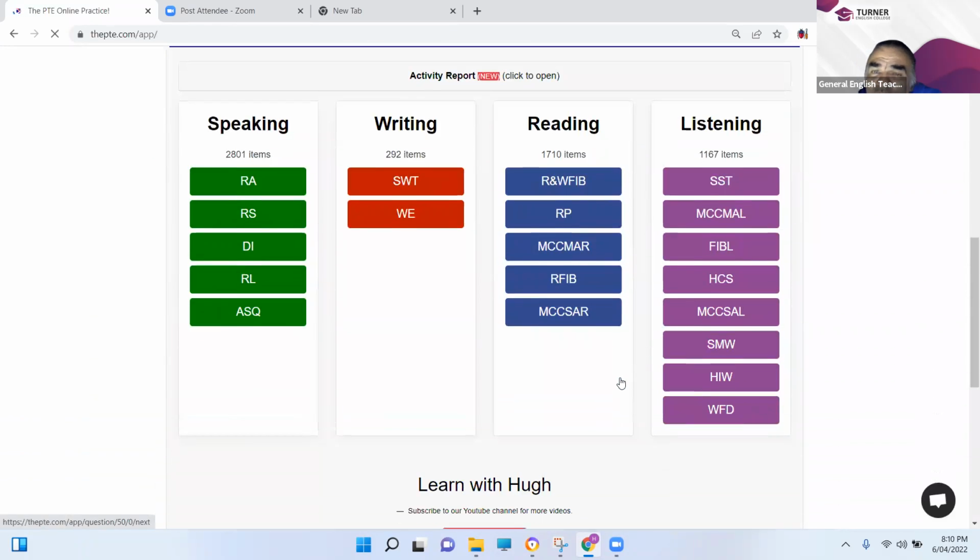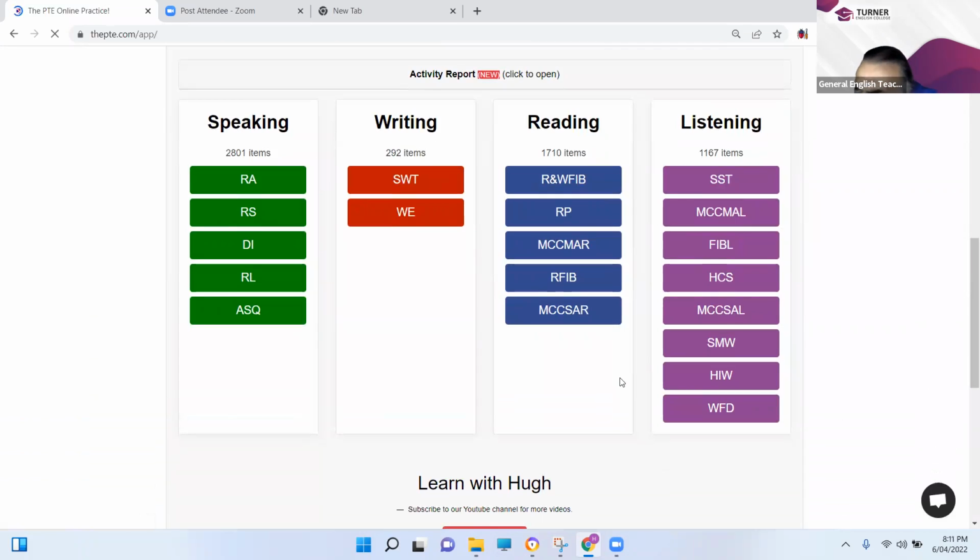So if you're 100% sure, only 100% sure, you choose it. Otherwise, don't, okay? Now, in my face-to-face classes, before I teach my students fill in the blanks, I ask them to do highlight incorrect words. And highlight incorrect words, I do it on the TV or screen or whatever we have there.